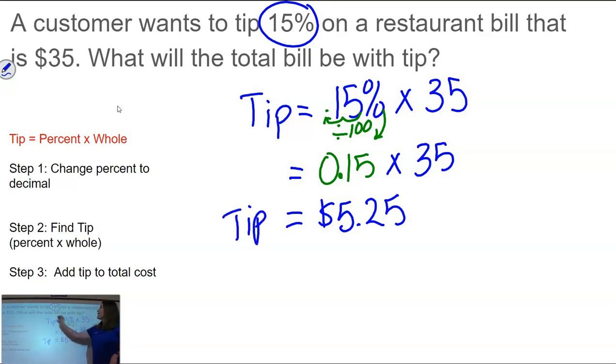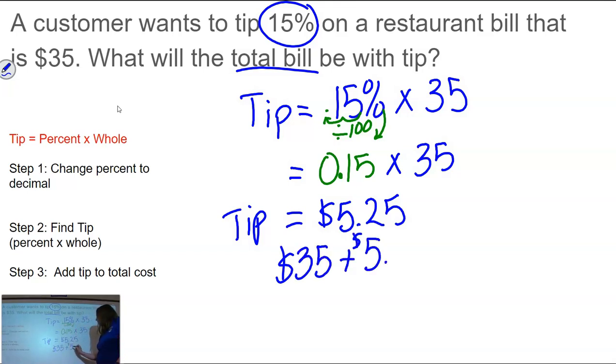This is not my total bill. I need to figure out my total bill. I know that I'm paying $35, but I want to add the tip onto my bill so I can give some extra, saying good job, you did it really well. So I'm going to add $35 plus $5.25.